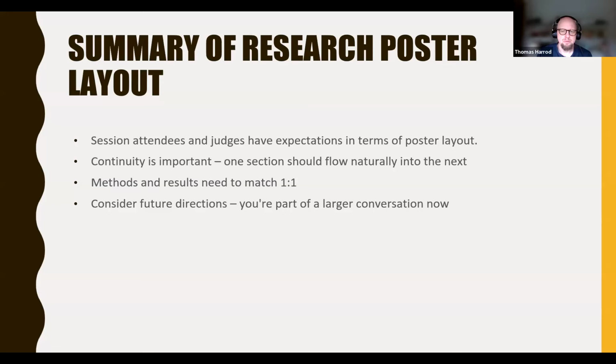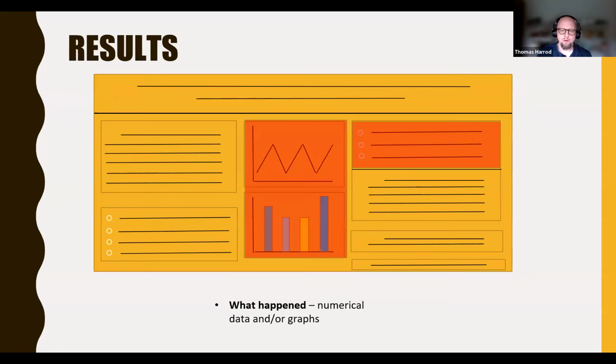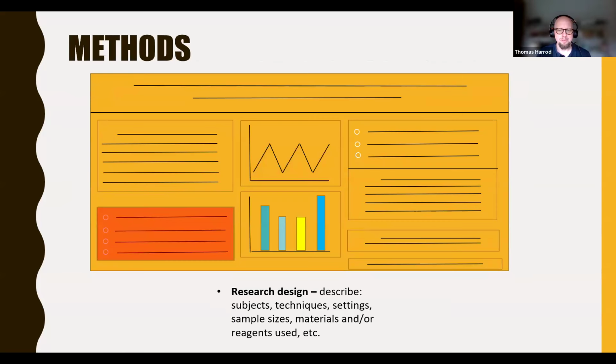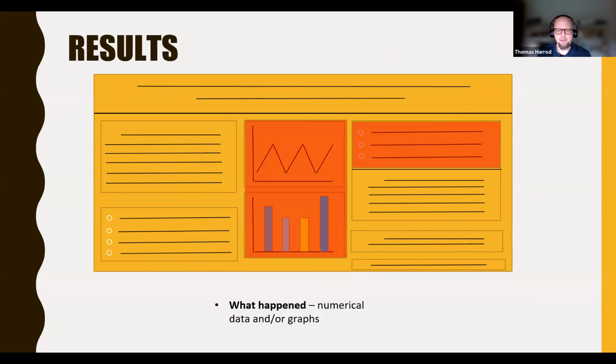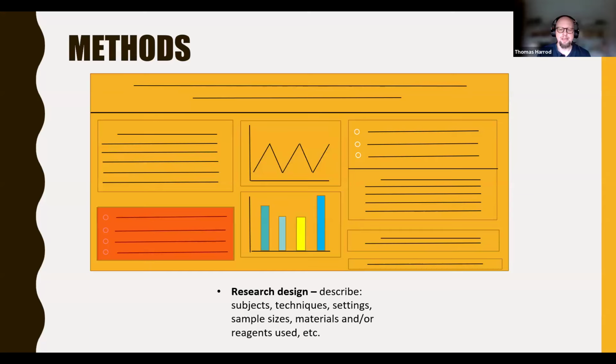And actually, I'll just go back. When you go from methods to results, there should be a one-to-one correlation, meaning if you describe a technique or a protocol or some methodology in your method section, there should be corresponding data for that in your results, and vice versa. If you present information in your results that are the outcome of a particular methodology, that methodology should be explained in your methods section.